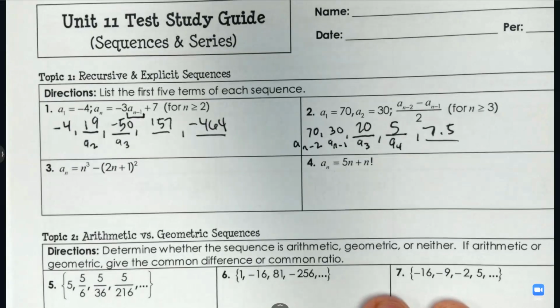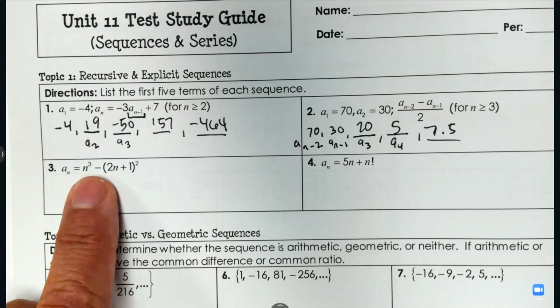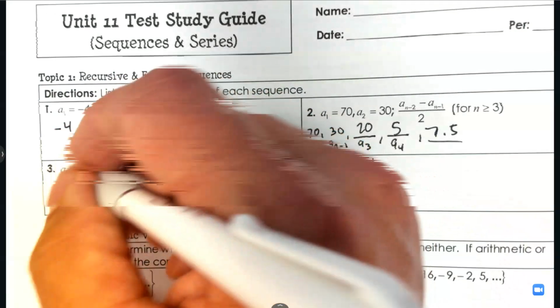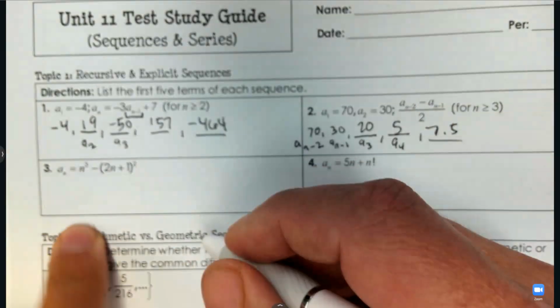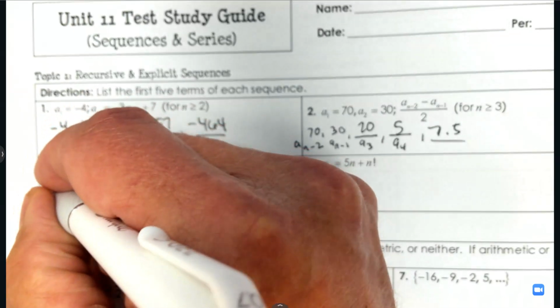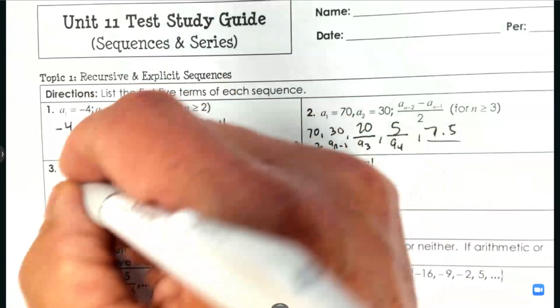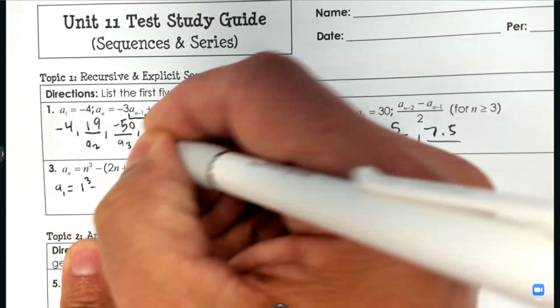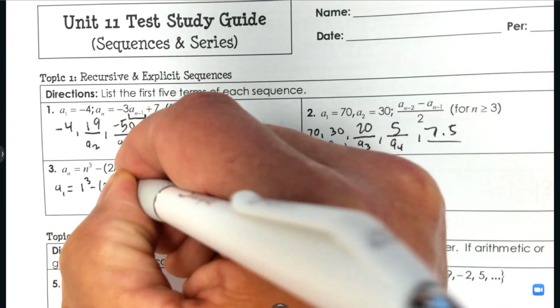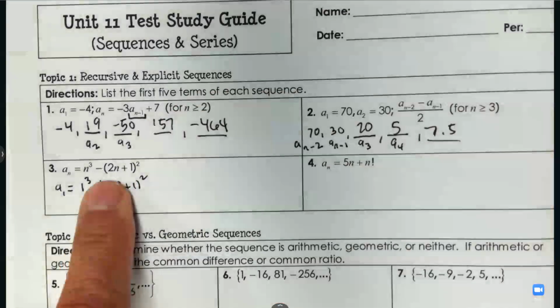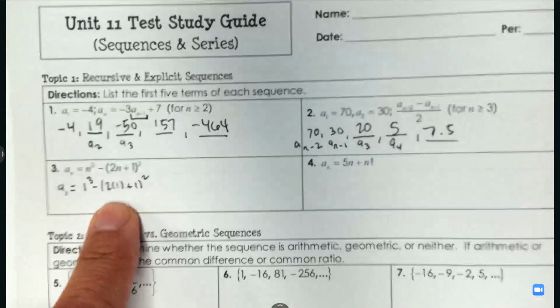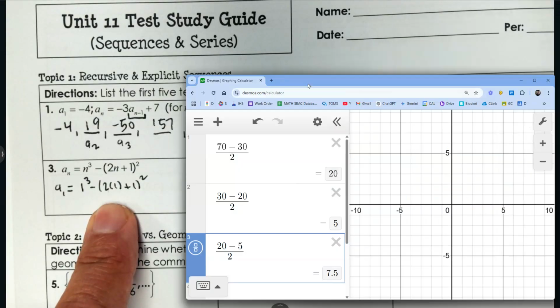Here we have a direct formula. So that's the easiest. So to find 1, the first term, A1, wherever there's an n, replace it with 1, and then we're just going to use our calculator to calculate it. So I'm going to type that into Desmos, and I'm going to do it with 2 and do it with 3 and so on.